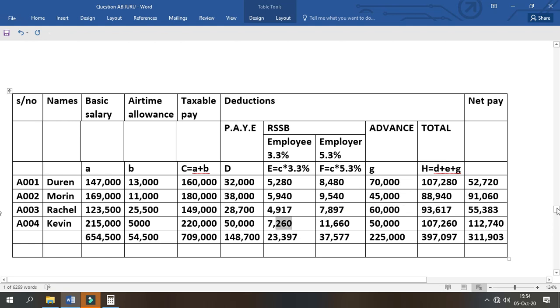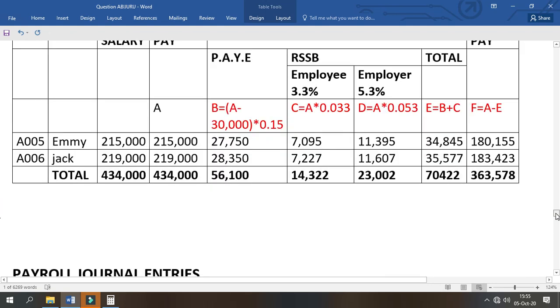And the employee portion contribution to the Rwanda Social Security Board for the casual laborers, for Amy is equal to 7,095, and for Jake is equal to 7,277.